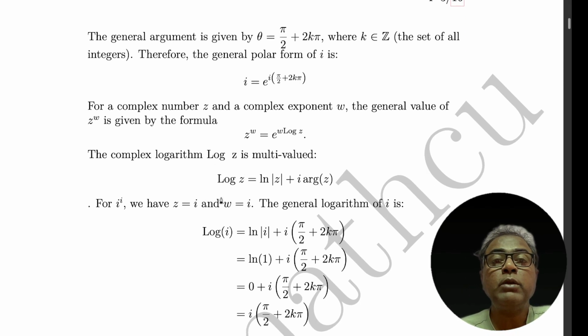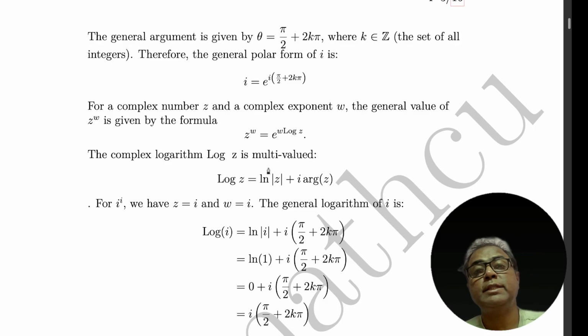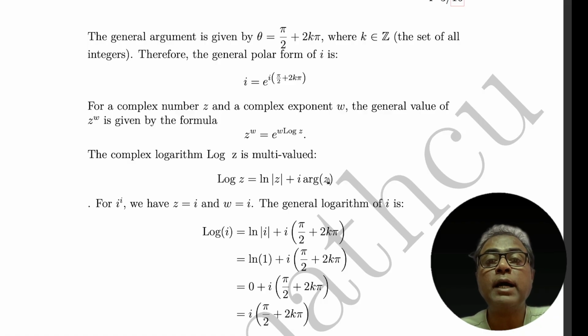Log z equals ln modulus z, which is the log to the base e of the real value modulus z, plus i arg z. This arg starts with a small a, and this is the general value of the argument of z.